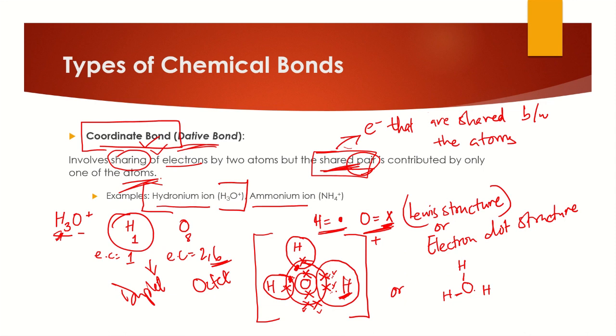And the last one here is represented with an arrow. This arrow represents coordinate bond. So this bond is covalent bond, and the arrow that you see here is coordinate bond. Also remember that coordinate bond is represented with an arrow.